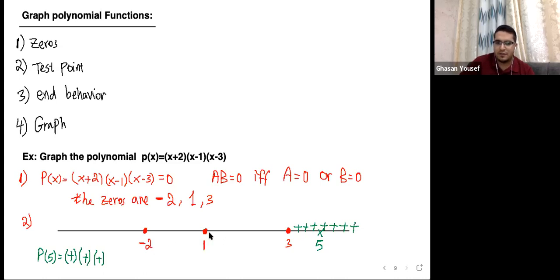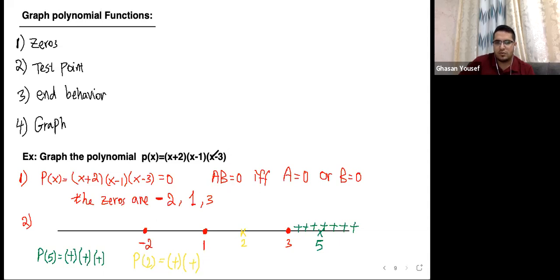Now pick any number between 1 and 3. 2. Nice. Okay, b of 2. 2 plus 2 is 4, positive, right? 2 minus 1 is 1, and the sign of the 1 is positive.